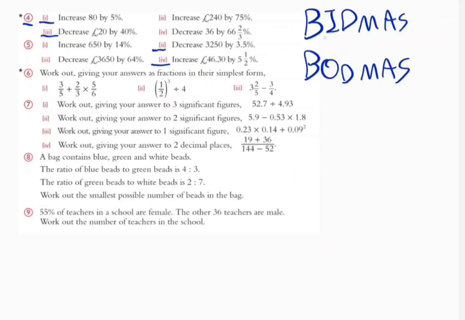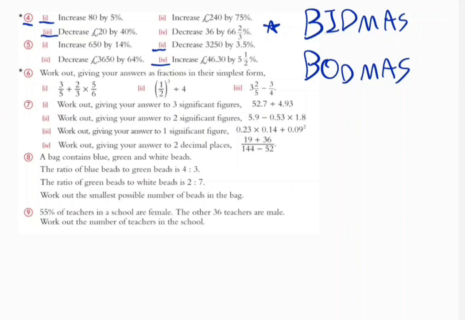The first B stands for brackets, and I stands for indices, or orders. These two versions are exactly the same, just the difference is that here they say indices, which is the one I prefer, and here they usually say orders. D stands for division, M for multiplication, A addition, and S subtraction.